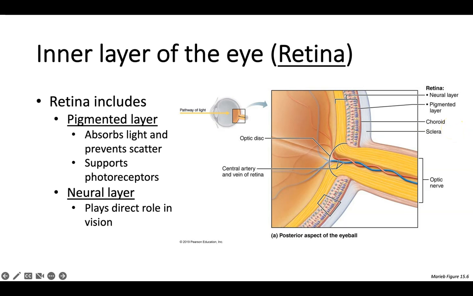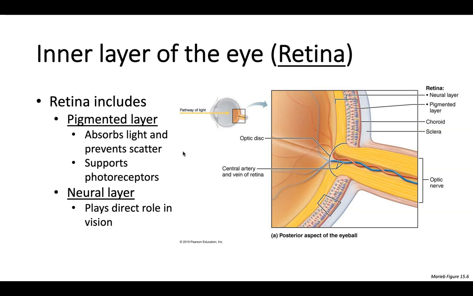So now we get to the third and most deep layer of the eye, and this is known as the inner layer, but more commonly it's just called the retina. The retina actually includes 2 sublayers. First, we have a pigmented layer, and like the choroid underneath it, or over it really, it is meant to absorb light and prevent the scatter of that light.